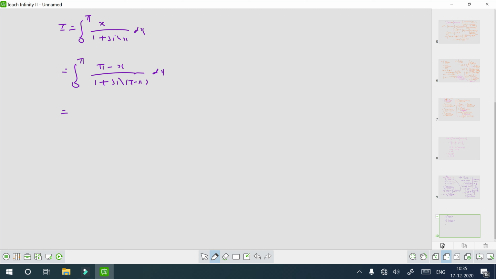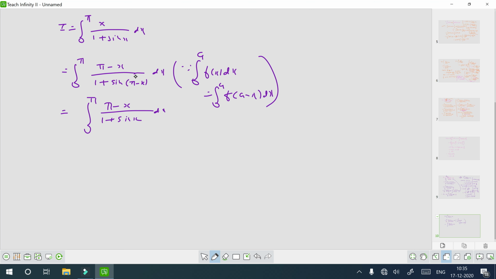So that is equal to pi, 0 to pi, pi minus x over 1 plus sine x, because in the second quadrant the sine function is positive. Yes, of course, when you are applying there, put the reason, because we are applying this result here.